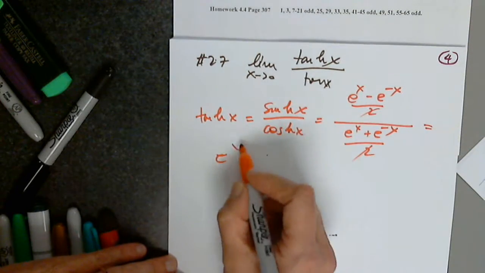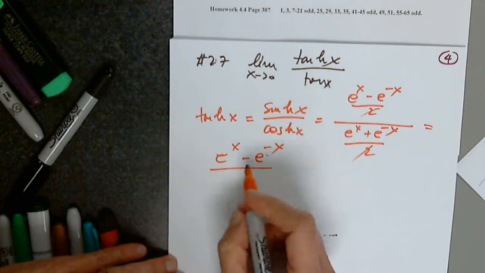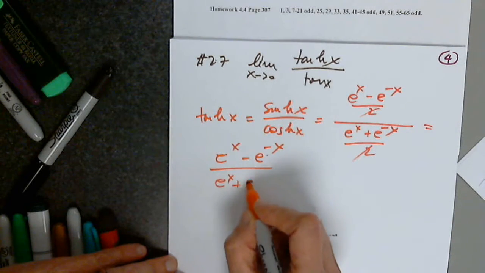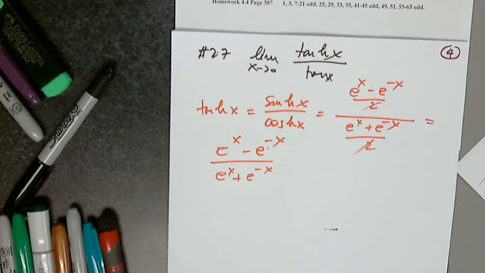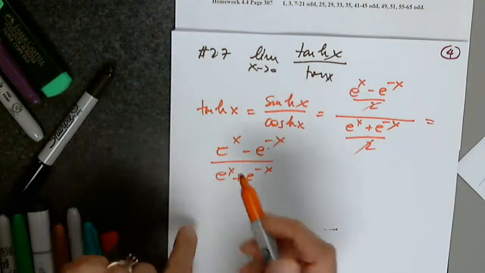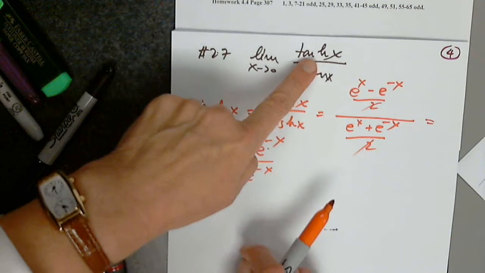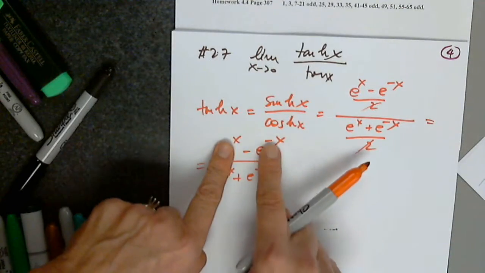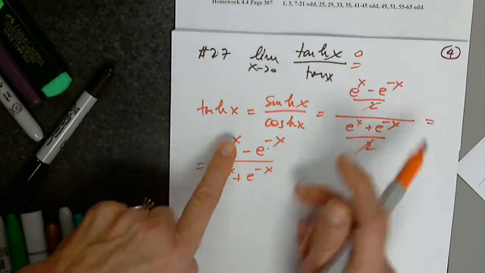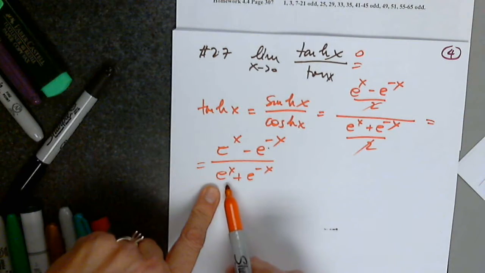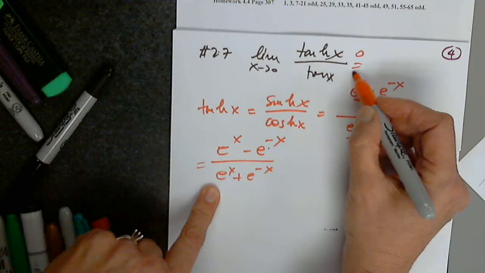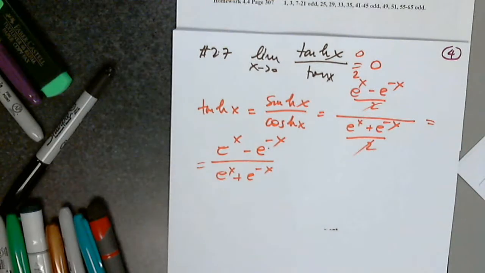So this is e to the x minus e to negative x over e to the x plus e to negative x. So when I plug in 0 in the numerator, this is 1 minus 1, which is 0. And this is 1 plus 1, I'm sorry, it's 2. So the answer is 0. So there is nothing I have to do here.